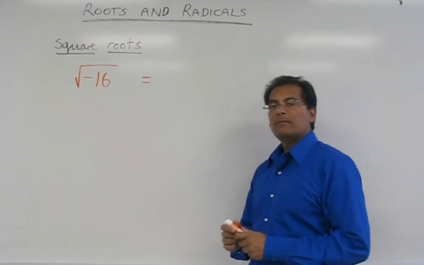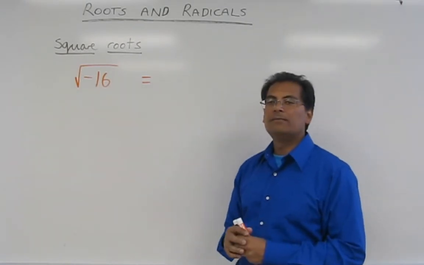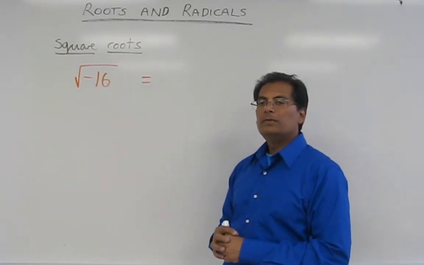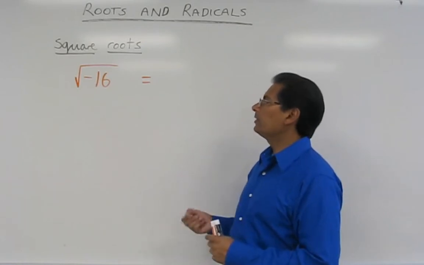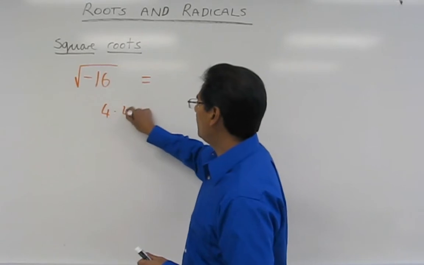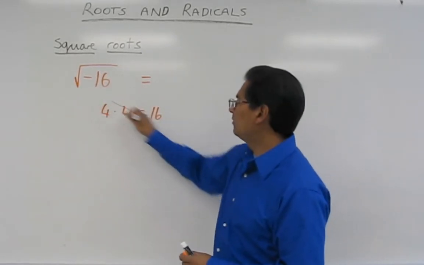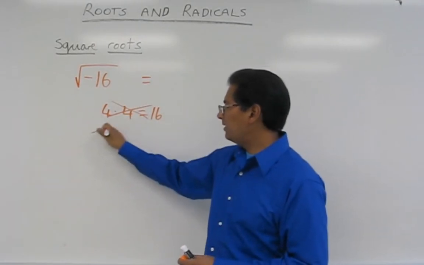Here's a question. What is the square root of negative 16? Well, we're looking for a number that when you multiply by itself gives you negative 16. Is it 4? Well, 4 times 4 gives me 16, so it can't be 4, because I want negative 16. So this doesn't work. Is it negative 4?